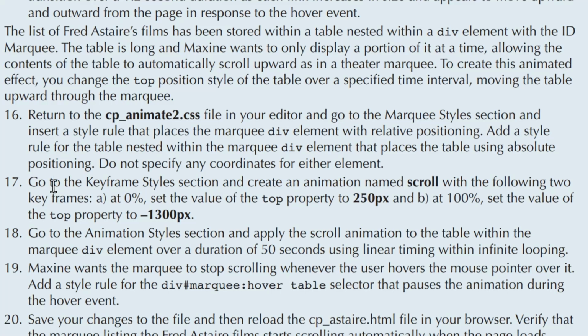Then in step 17, we want to go to the keyframe styles section of that style sheet, create an animation named scroll with the following two keyframes. At 0%, we want to set the value of top to 250, and at 100%, we'll set the value of top to -1300 pixels.